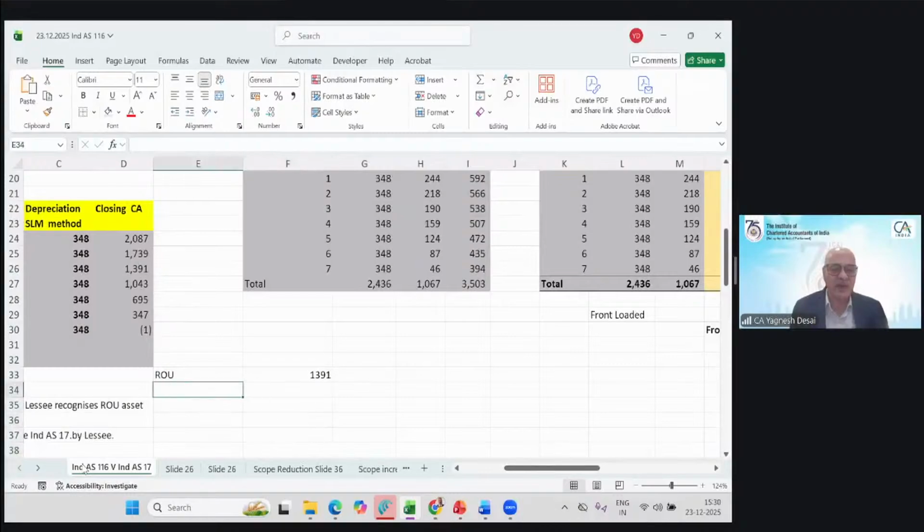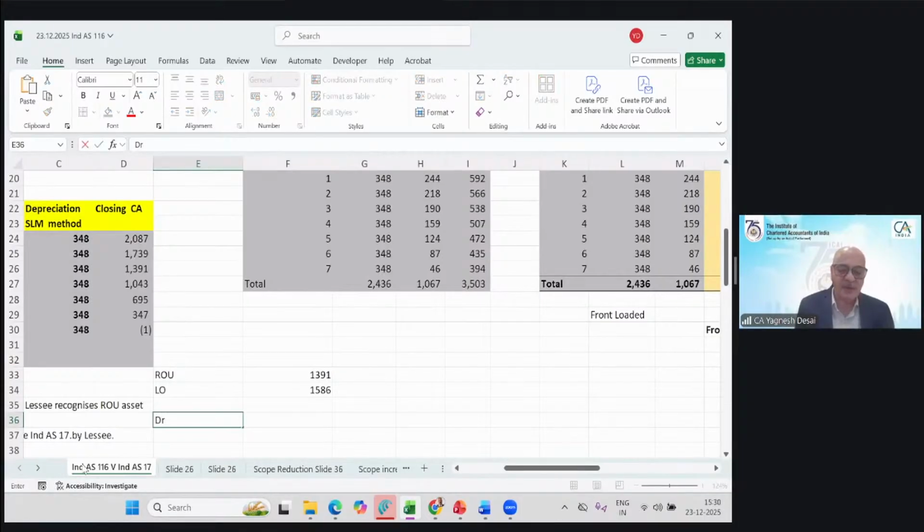Where is lease obligation? 1,586. This is the scenario at the end of year 5. And at the end of year 5, the lease is cancelled. That means I am not required to pay any lease payments to the lessor. And obviously, the underlying asset is taken back by the lessor. So what should be the entry?